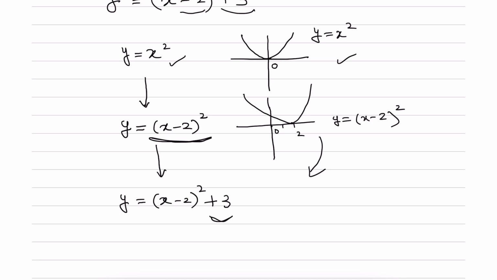And to look at the shape of the graph y equal to x minus 2 whole square plus 3, we shift this graph three units up. So at the moment for this graph, the origin is at 2.